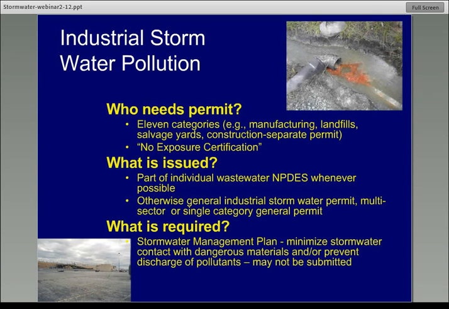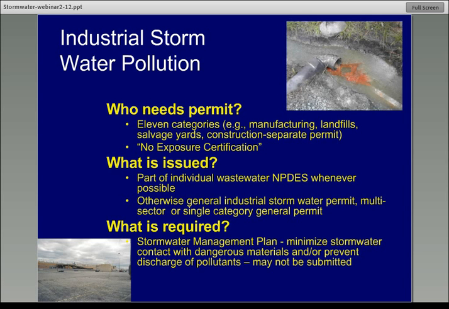So if there's a wastewater NPDES program for the facility and they're already dealing with that, usually there will be a section developed on stormwater and stormwater requirements that's getting more and more specific than it used to years ago. But if they don't have their own NPDES wastewater discharge permit, they have these options of going in for a general, or they can choose to go in for an individual, but usually the individual permit would be forced by someone petitioning that an entity needed their own stormwater individual permit.